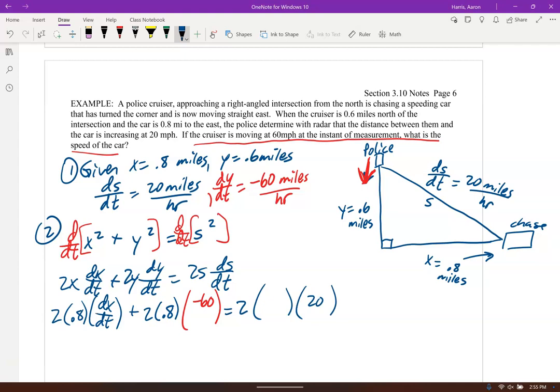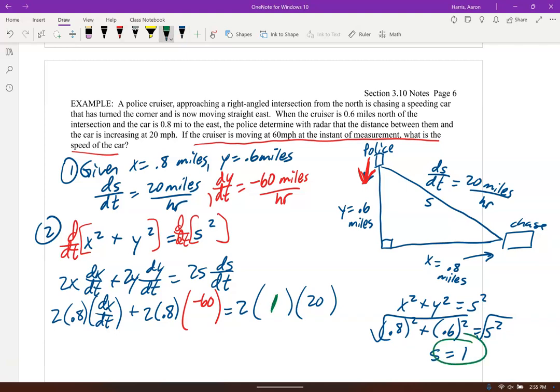Notice our x squared plus y squared equals s squared. So if x is 0.8, our y is 0.6, square root that. I get 1 on that, so 1 would go right there for the s. I made a mess of this thing.